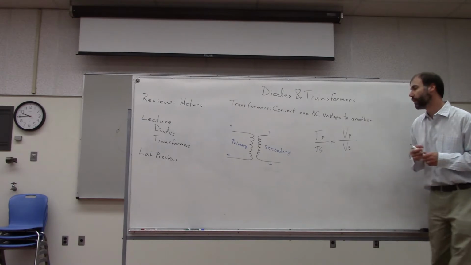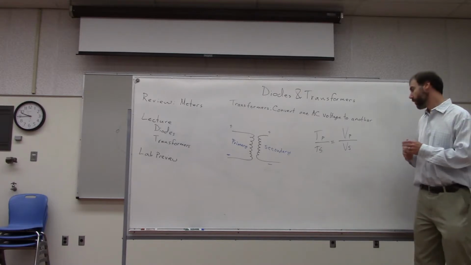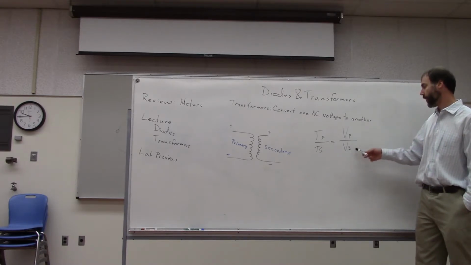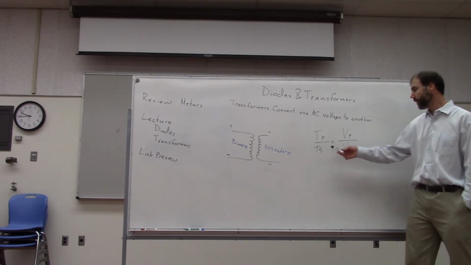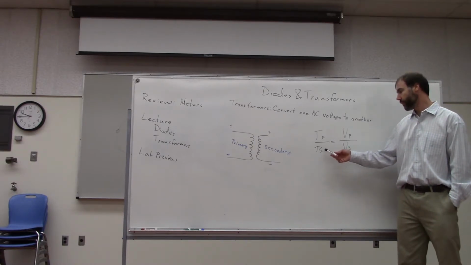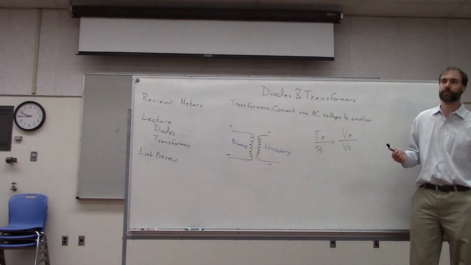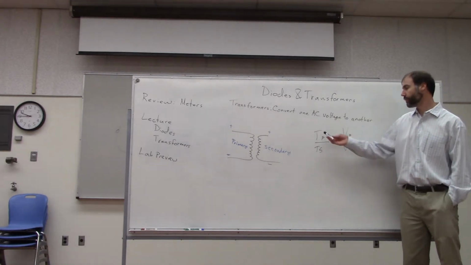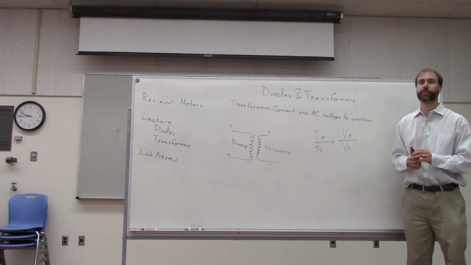Say that you had 10 turns on the primary and 100 turns on the secondary. Then the secondary voltage is going to be 10 times greater than the primary voltage. So if you put in 5 volts, you would get out 50 volts.